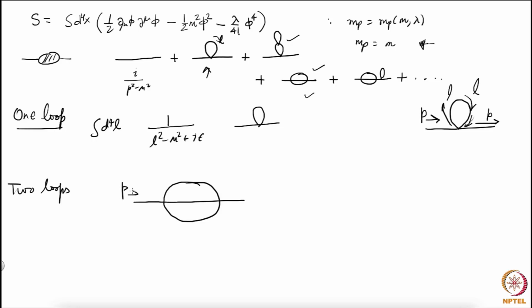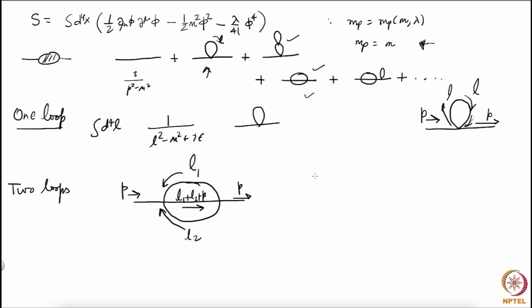So again, you have P entering. Okay, this is two loops, so you have two assignments of momenta. Let's call it L1. L1 enters here. L2 enters. L2 flows this way. So you have L1 plus L2 plus P in this propagator. Okay, and then of course P comes out.